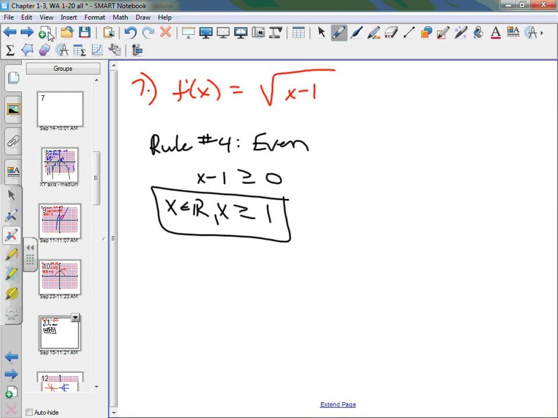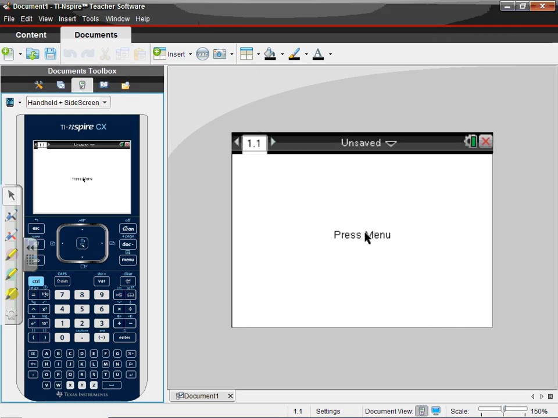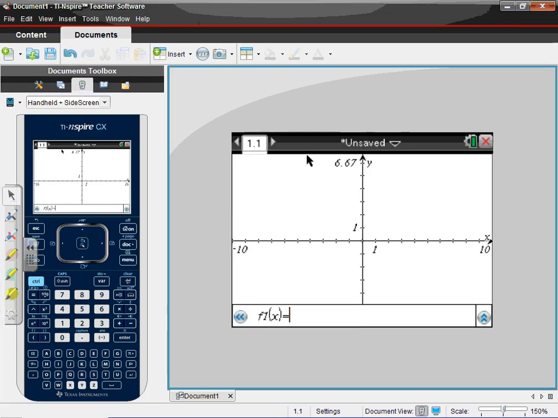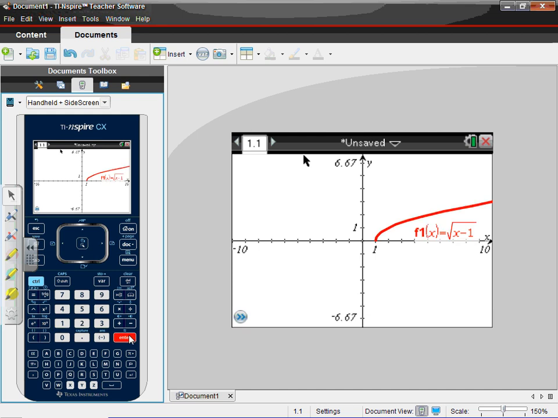Okay, so now what they want you to do is to graph that. So if we graph this, calculator page, and I'm graphing the square root, and what was it, x minus 1? Yeah. And hit enter. Does that match?